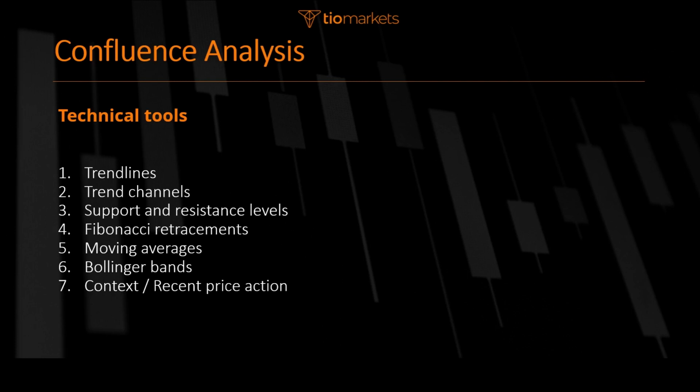And then I'm using the context or the recent price action. I'm not going to go deeply into all of these technical tools and how to use them, because most of you know already, or you can just Google and find explanations for these. But I'm going to show you how to use them.